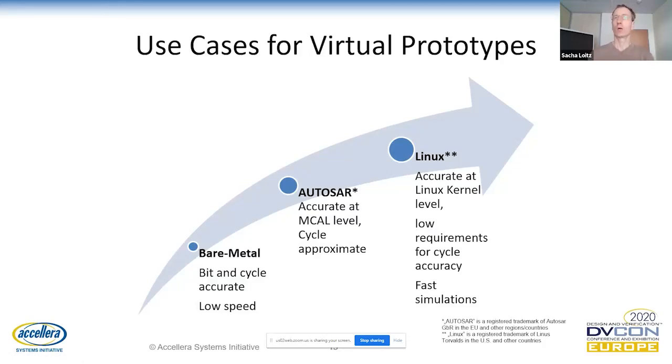We could have software on bare metal that is directly accessing the individual bits and pieces of a microcontroller. We can have, especially in the automotive domain, systems built on the AUTOSAR operating system. And today, more and more software, even in the automotive domain, is moving onto some Linux-based operating systems.